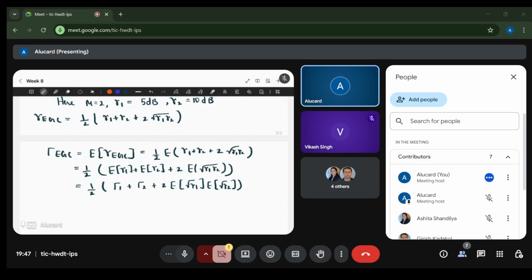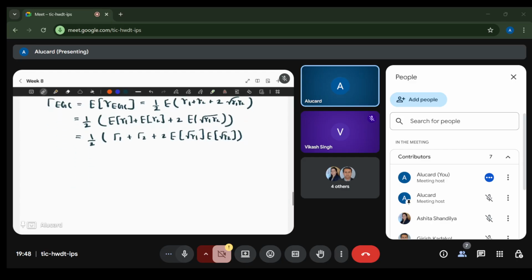Square root of gamma 1 will have, that I leave as an exercise for you to verify, that square root of gamma 1 has mean square root of pi gamma 1 over 2.